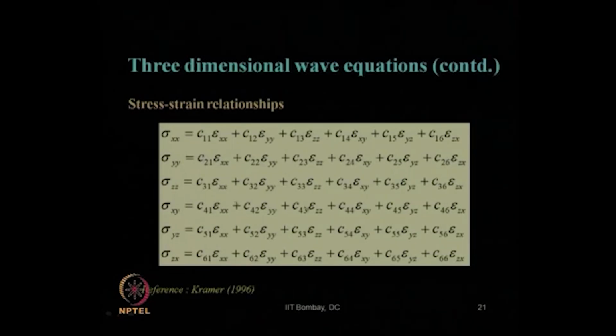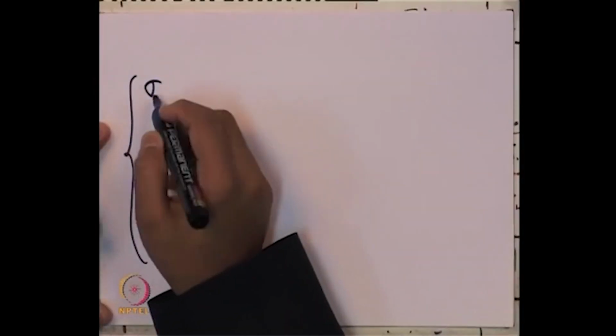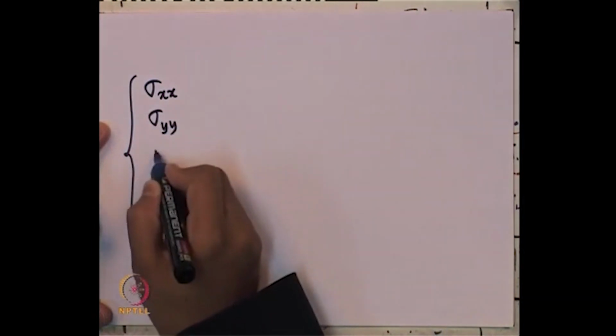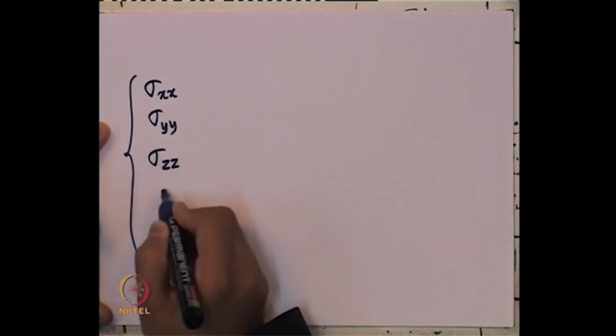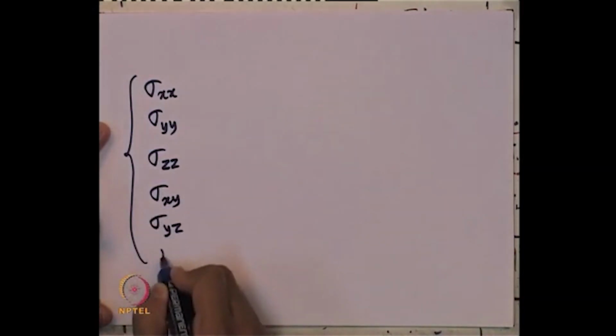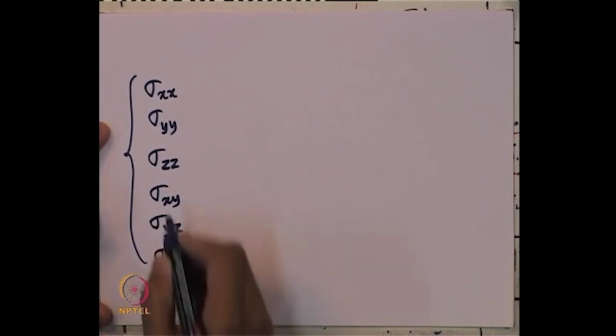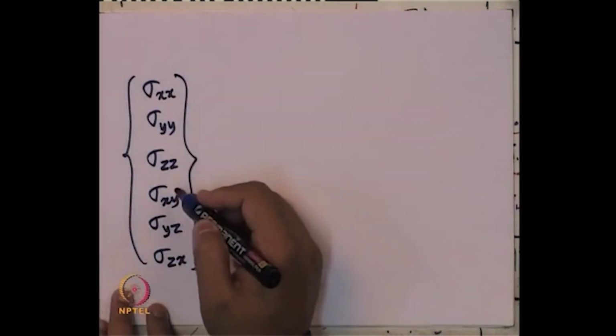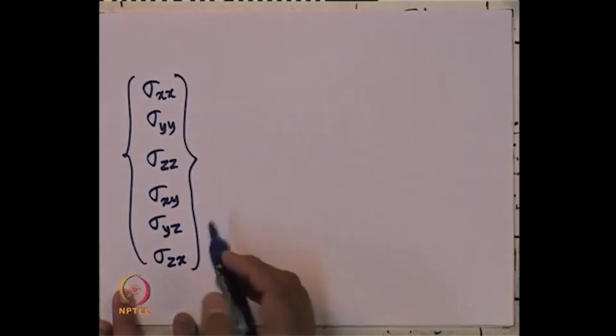So, what is that form of the matrix? In the simplest form, if we want to rewrite it, the stress strain relationship is something like this: sigma x x, sigma y y, sigma z z, sigma x y, sigma y z, sigma z x. These are the 6 stresses, 3 normal stresses and 3 shear stresses.